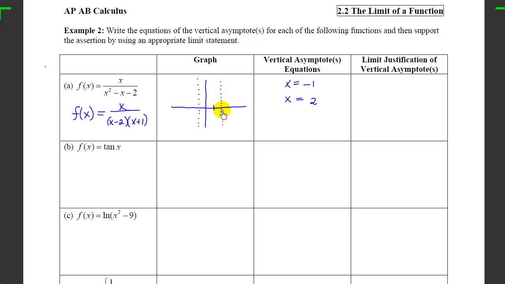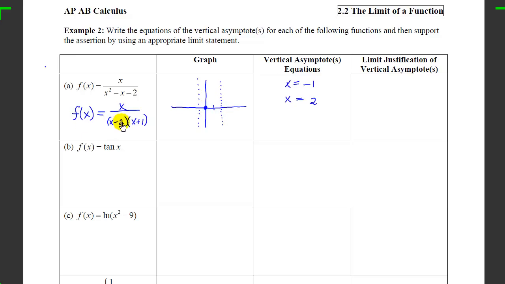Notice I did not give you a hole yet because that's a nuance that we're not going to work on for a little bit. And now I want to just try and test some points. I know that if I plug in x equals 0, I'm going to get a 0 on the top. So I can plug in that point right now. I've got a nice intercept.